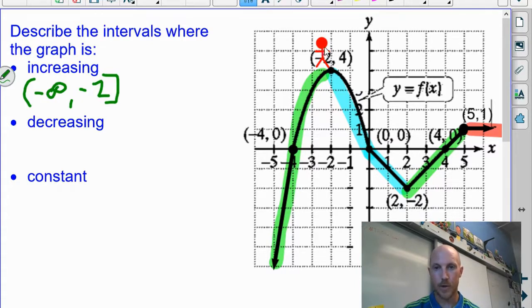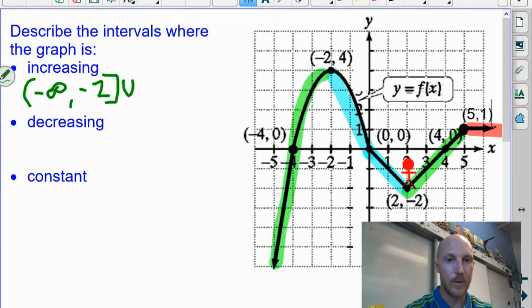There's another part of the graph that also is increasing. We'll just jump over here, starting from the x coordinate of 2 until the x coordinate of 5, the graph is increasing that whole time. Both of those are actual places on the graph that really exist, described by real numbers. So we're going to use square brackets for both of them.